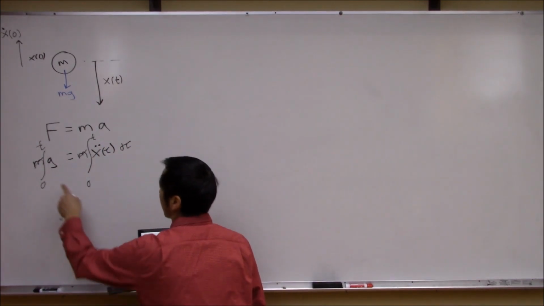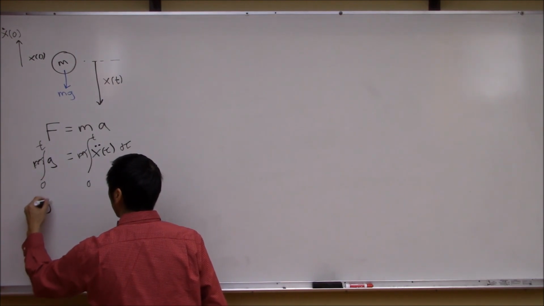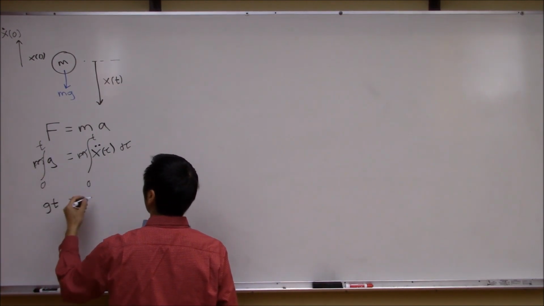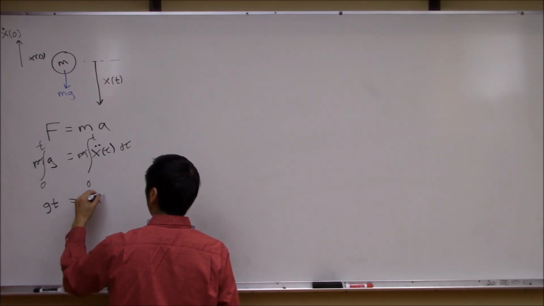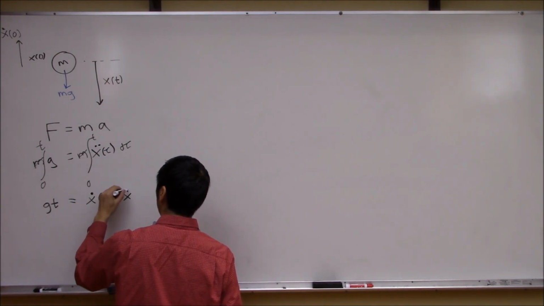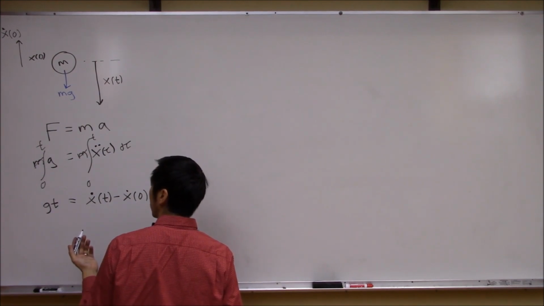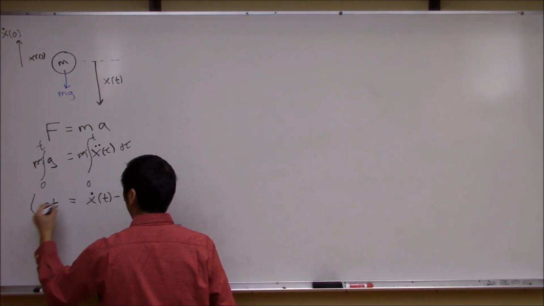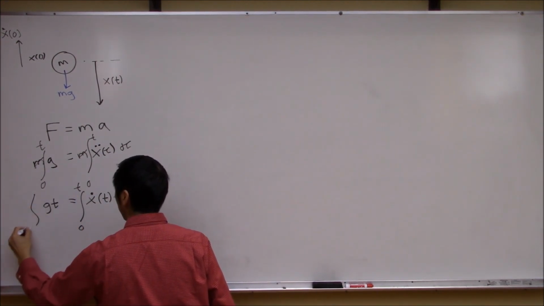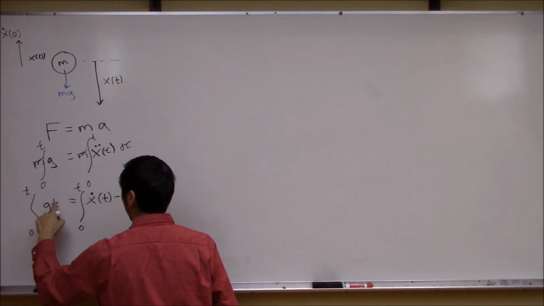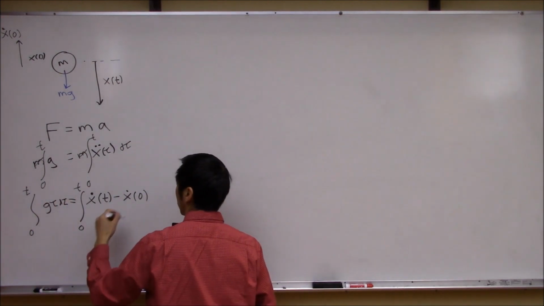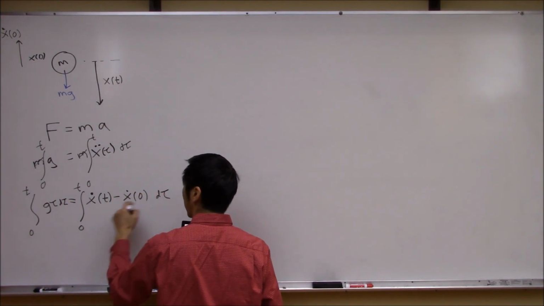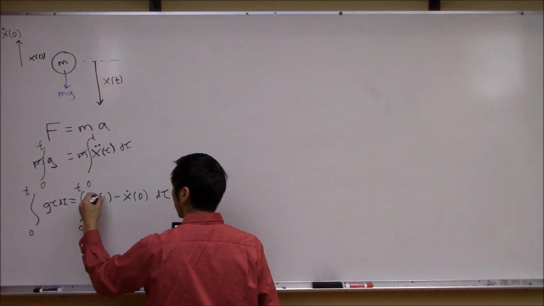So, okay, what do we end up with? This side turns into just gt, and this side turns into, I think you would agree, x dot at time t minus x dot at time 0. Great. Let's do this again. Let's integrate both sides from 0 to time t. Again, we have to change our variable of integration. Let's call this tau, d tau, and I have to change this one to a tau.